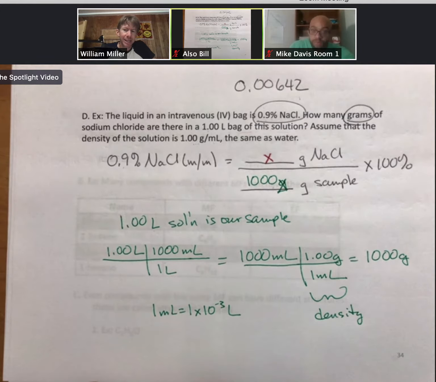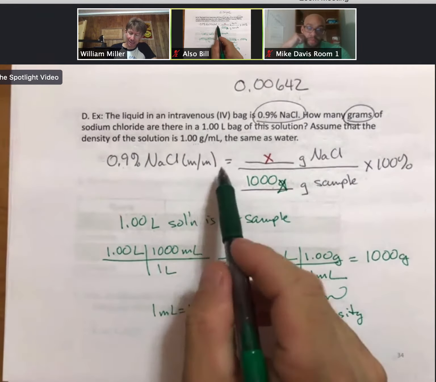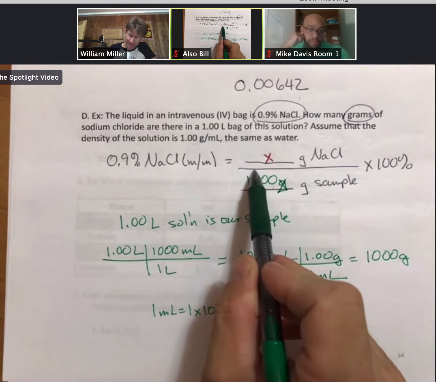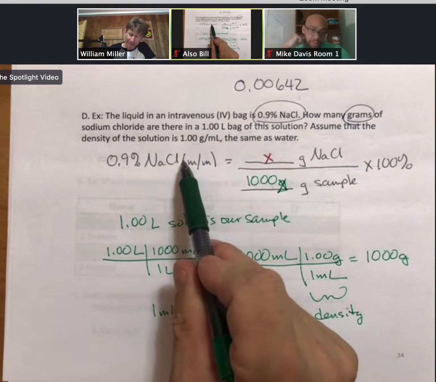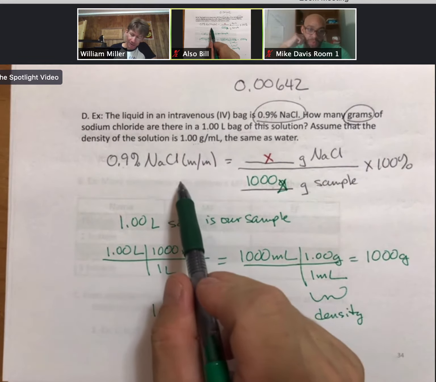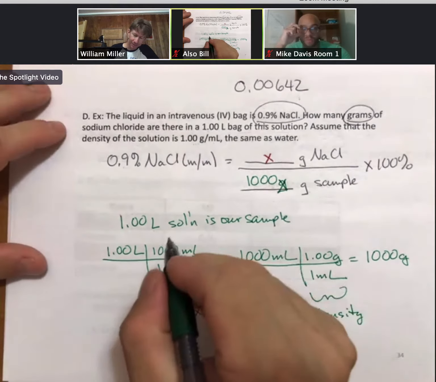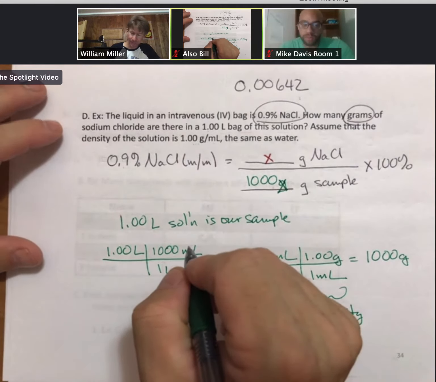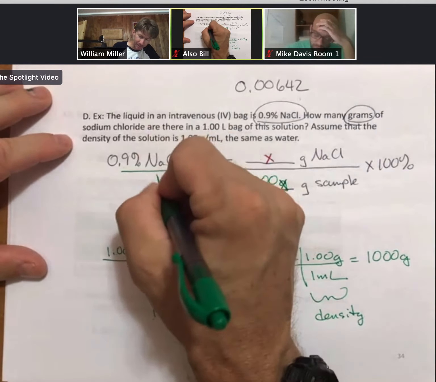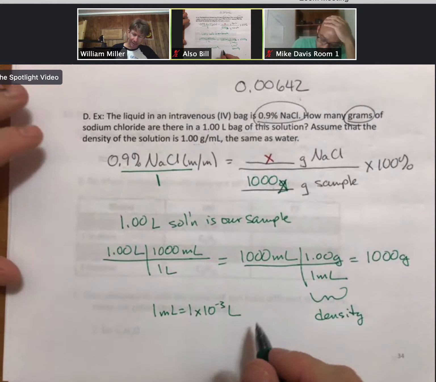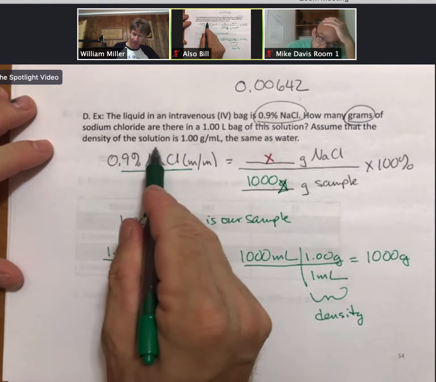So the key takeaway for this one is, if you're not exactly sure what to do, start writing down some formulas you do know, because oftentimes if you do, you can then figure out what you do need. And now the next thing I want to talk about is how to do the math for this. I would do it as a cross multiplication problem. I would put this over 1, and then 0.9, so then I'd cross multiply.